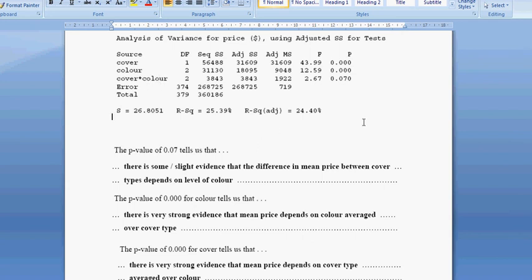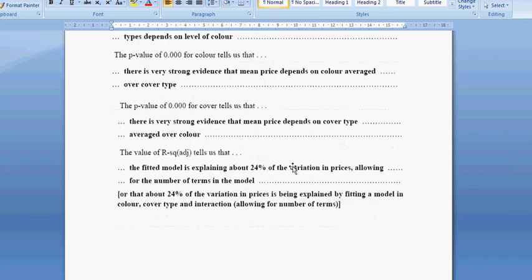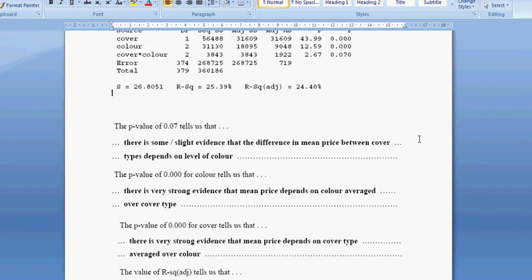Yeah, I'm not sure how to explain it, but you just got to figure it out or just copy it out. R squared, exactly the same as for regression, explains 24% of the variation. And yeah, that's pretty much ANOVA.